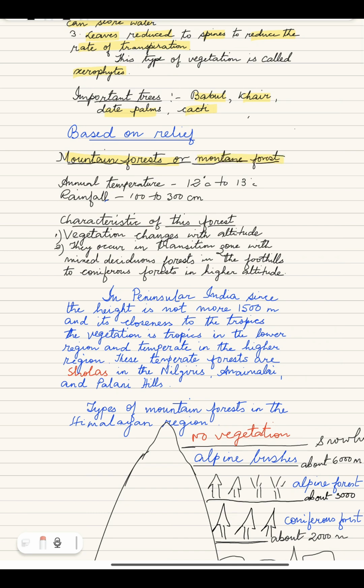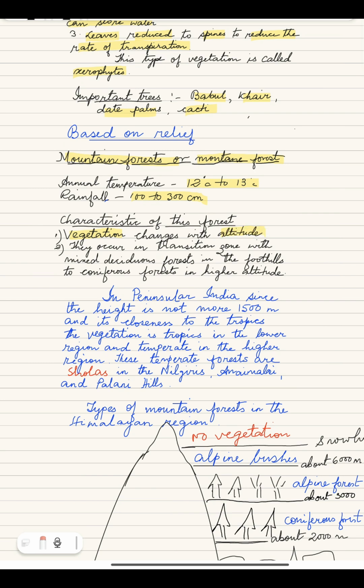Now, for this mountain forest or montane forest, annual temperature 12 degrees centigrade to 13 degrees centigrade, rainfall 100 to 300 centimeters. Now, what is the characteristic? Vegetation in this forest changes according to altitude.